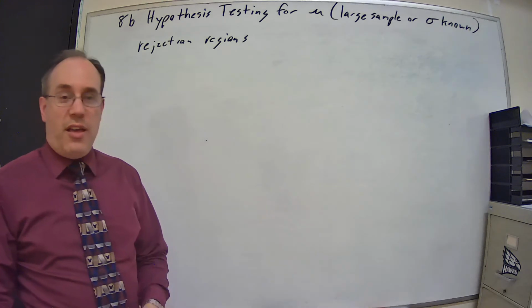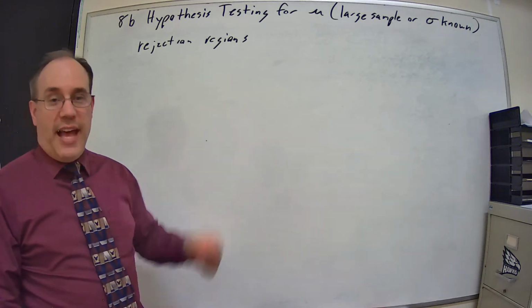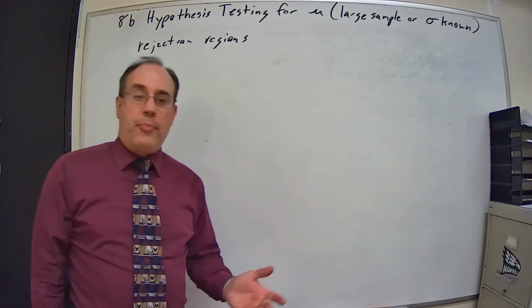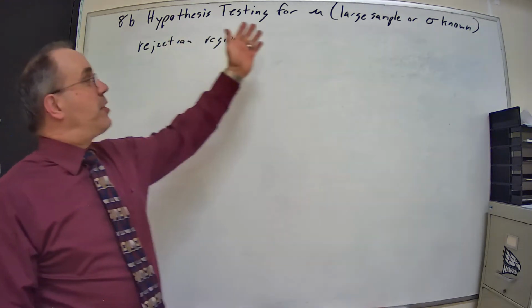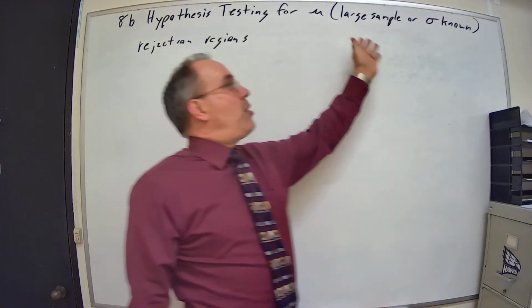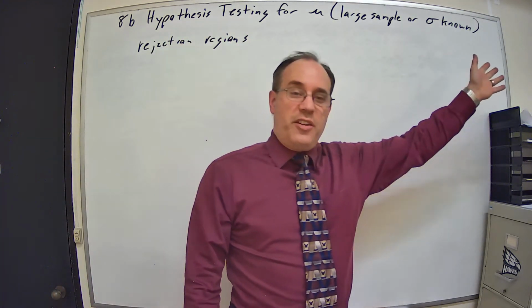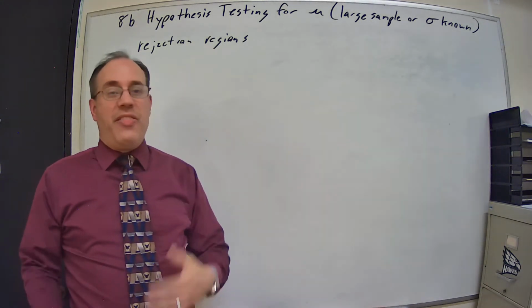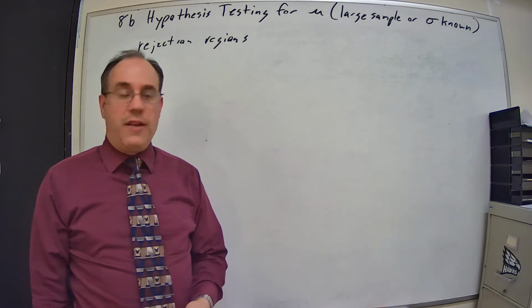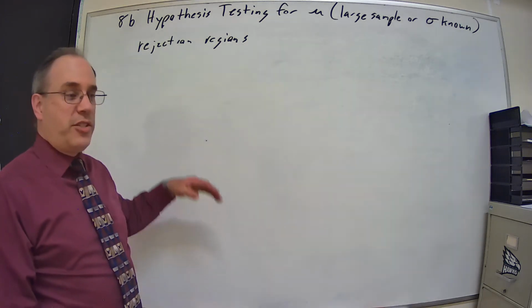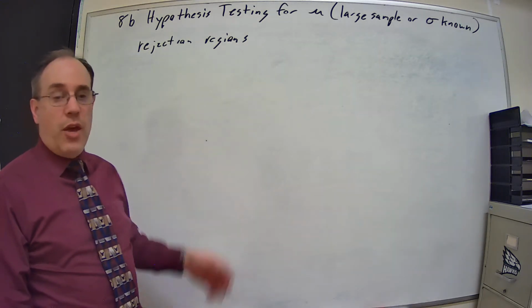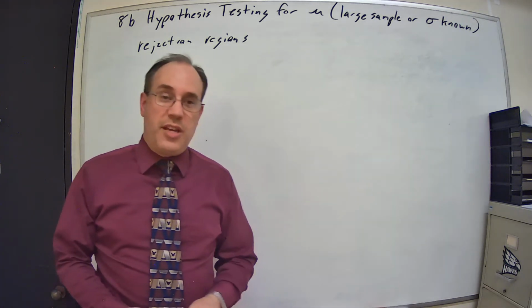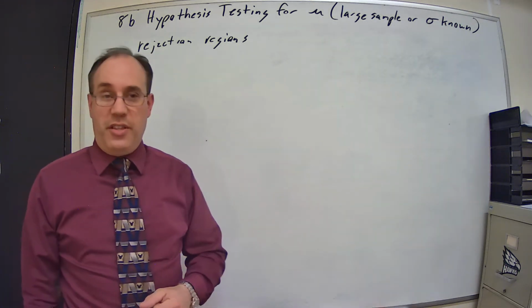Whereas you saw in our introduction that if we're dealing with a claim about a population mean where we have a small sample and the population standard deviation is unknown, we'd have to use the t-distribution table. And that does not work for p-values. If we were doing it for a population standard deviation or variance, we would have to use the chi-square distribution table, and that does not work for p-values either.